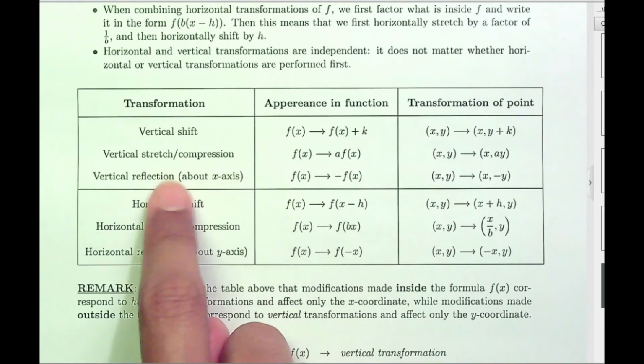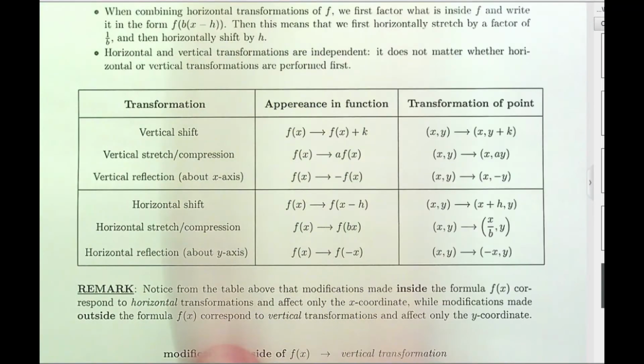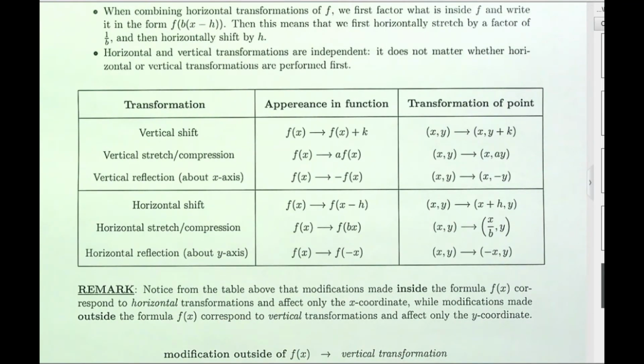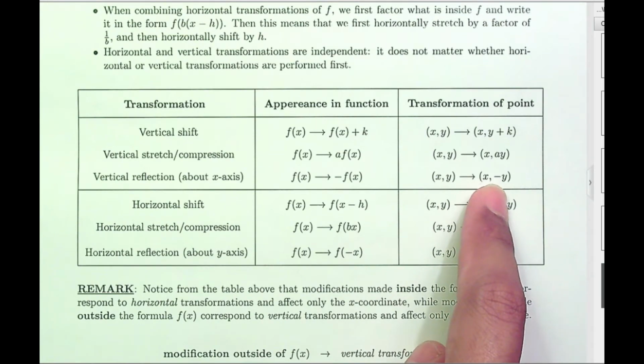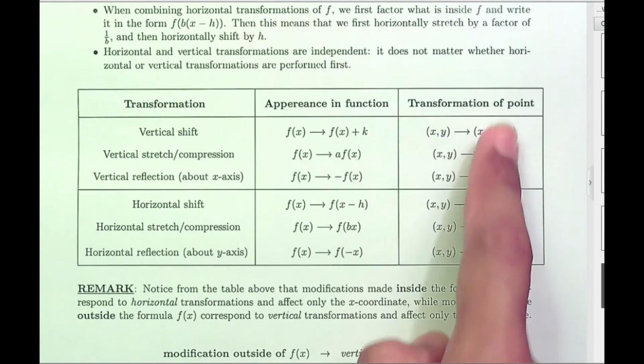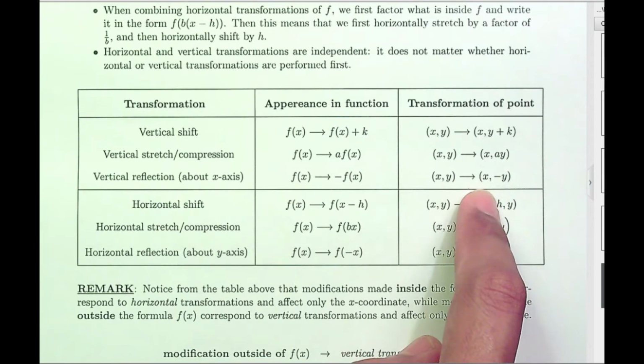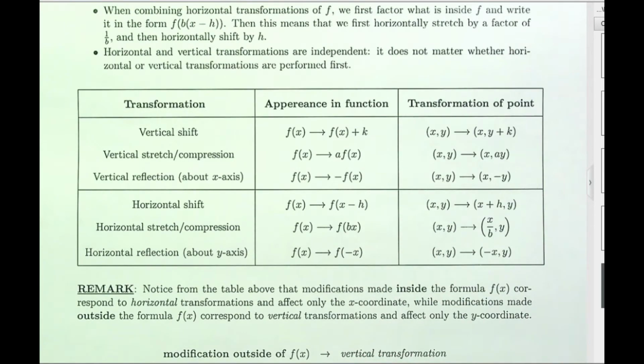It's a vertical reflection, from up to down, a reflection about the x-axis, and again the only thing changing is the y-coordinate. You see all of these are vertical transformations, and the x-coordinate stayed the same. The only thing affected is the y-coordinate, the height of a point.